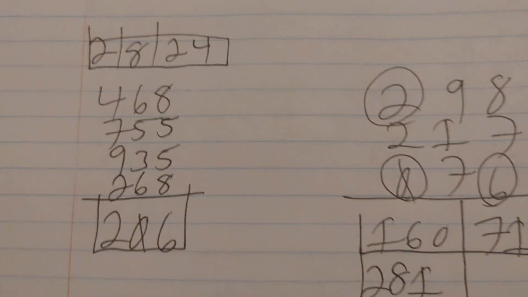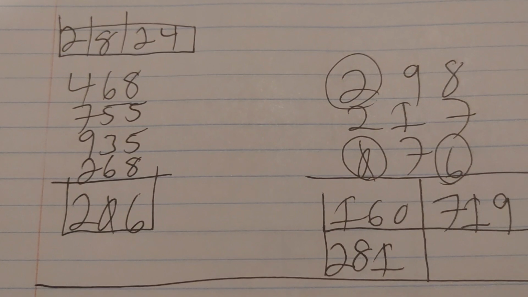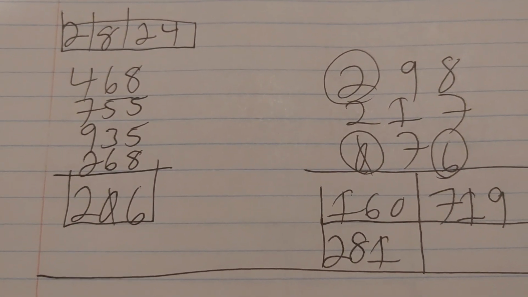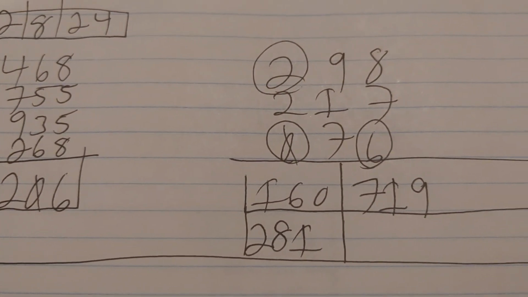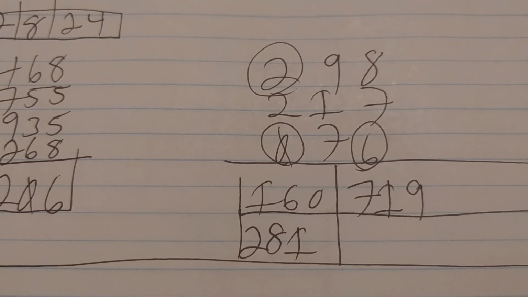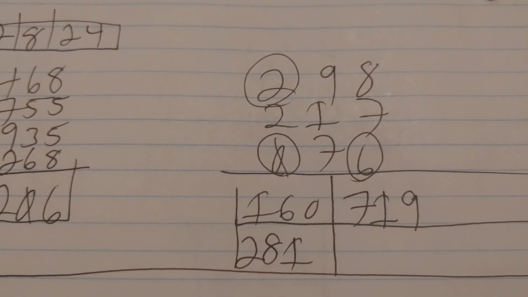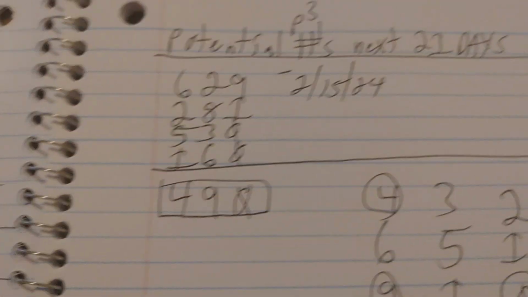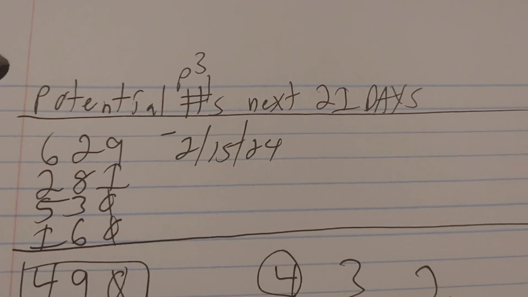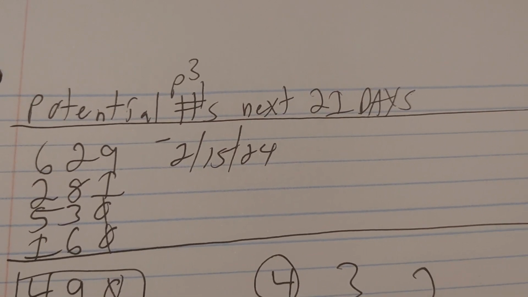All right, and then on February 8, 2024, you had 468 fall, 755 hit before, 935 and 268, and that gives 206 for the sum. Write out the box as already shown, and then the numbers that hit in the next 7 days were 160, 281, 719.